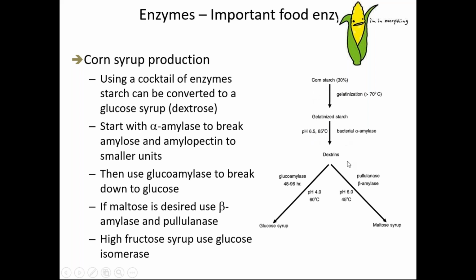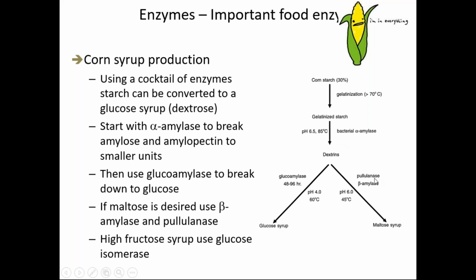So it breaks down the starch into dextrins. Then a second group of enzymes called the glucoamylases is added to produce glucose syrup. And then you add a third enzyme, the glucose isomerase, to convert it into fructose. And what you get is high fructose syrup.